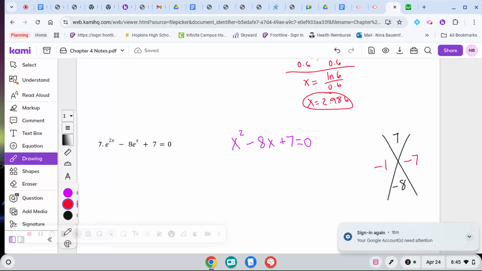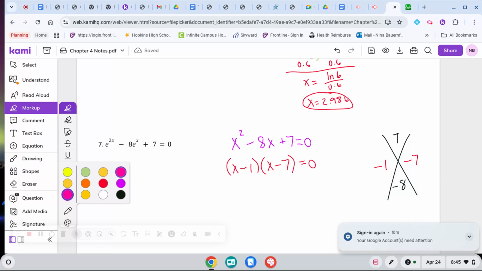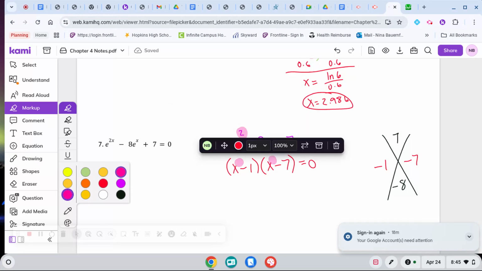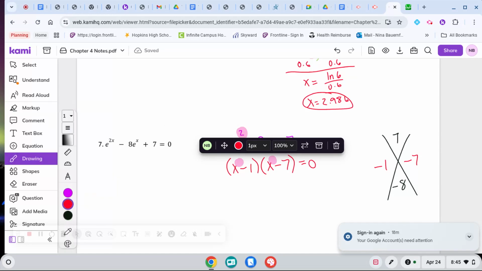So in a previous section, what we would have done is we would have said x minus 1 times x minus 7 equals 0. Now, notice, this is the big thing I want to make sure you notice. We went from a power of 2 to half as much because those are technically powers of 1.